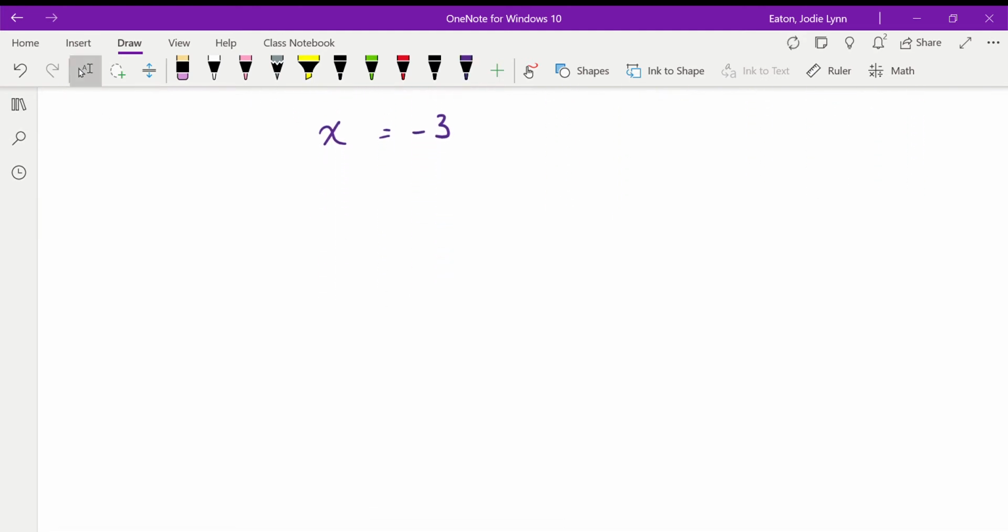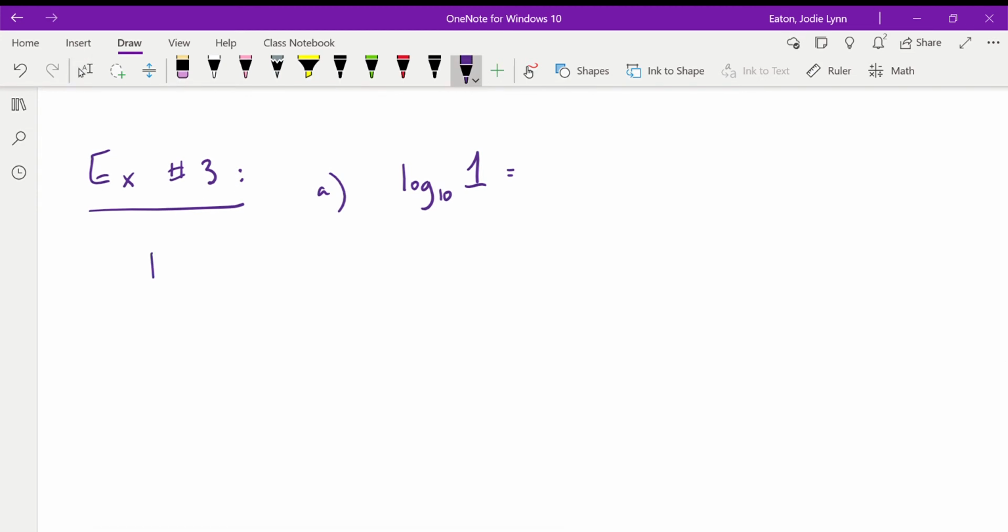Okay. So example 3. A, let's look at log base 10 of 1. What is log base 10 of 1 equal to? Well, let's draw a little graph of what our logarithmic function looks like, and this again should be a review.